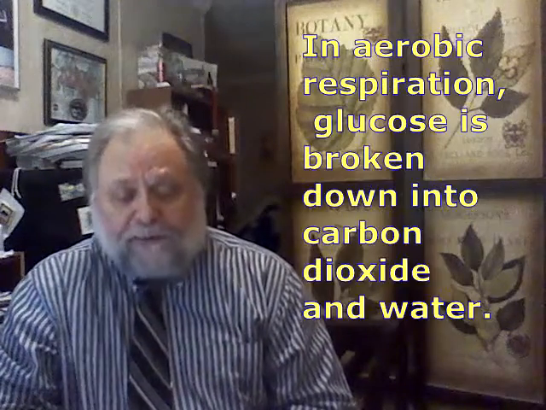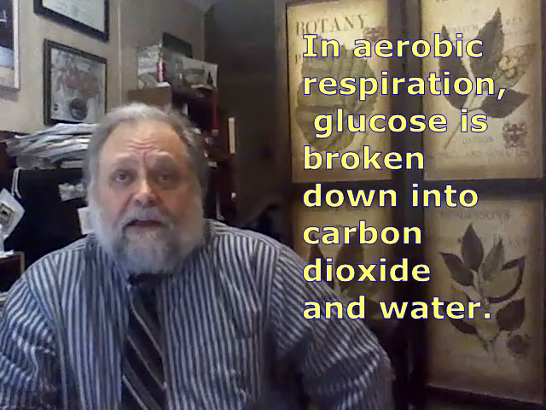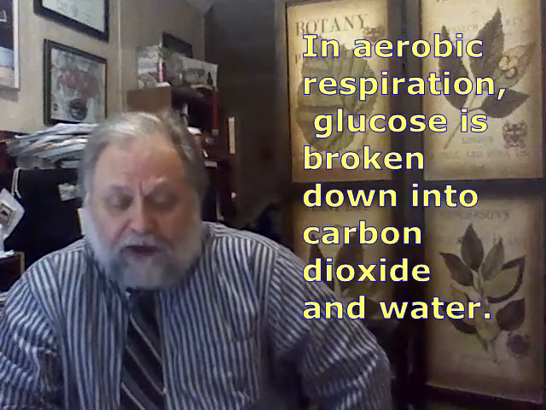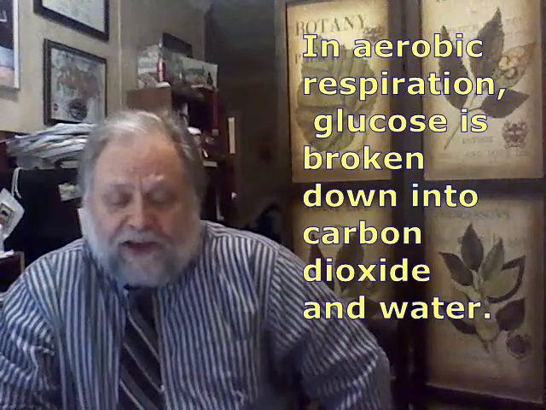In aerobic respiration, glucose is completely broken down into carbon dioxide and water. However, it's broken down in a way that generates ATP. It's a multi-step process that generates ATP at certain steps.